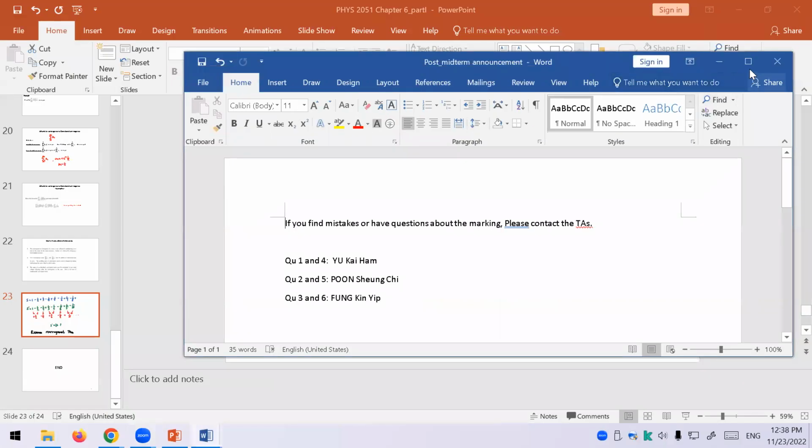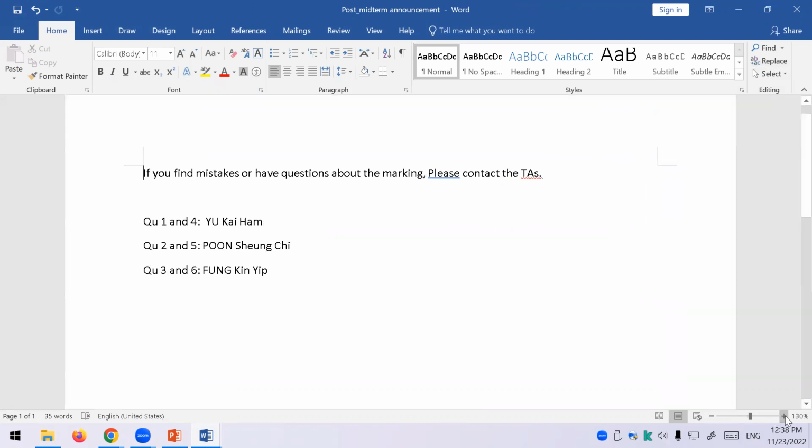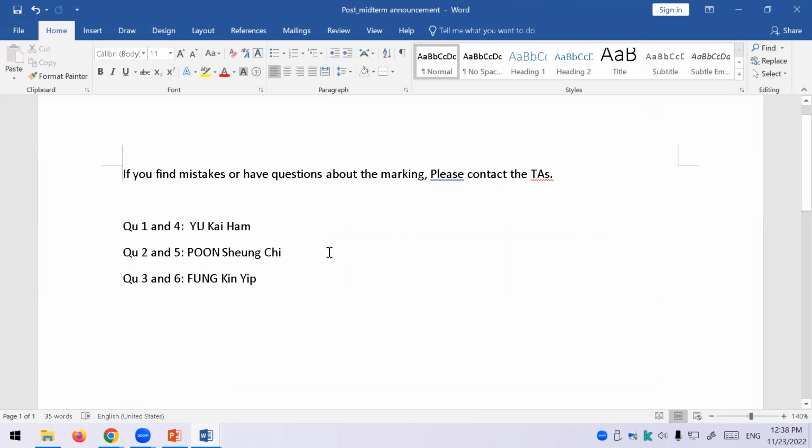Before I move on to the lecture, an announcement. After you receive your papers, check carefully about the grading, whether the marks add up correctly and things like that. If you find some mistakes, or if you have questions about the grading, contact the TAs. You can see here that we have 3 TAs, and each of them grades 2 questions for all of you.